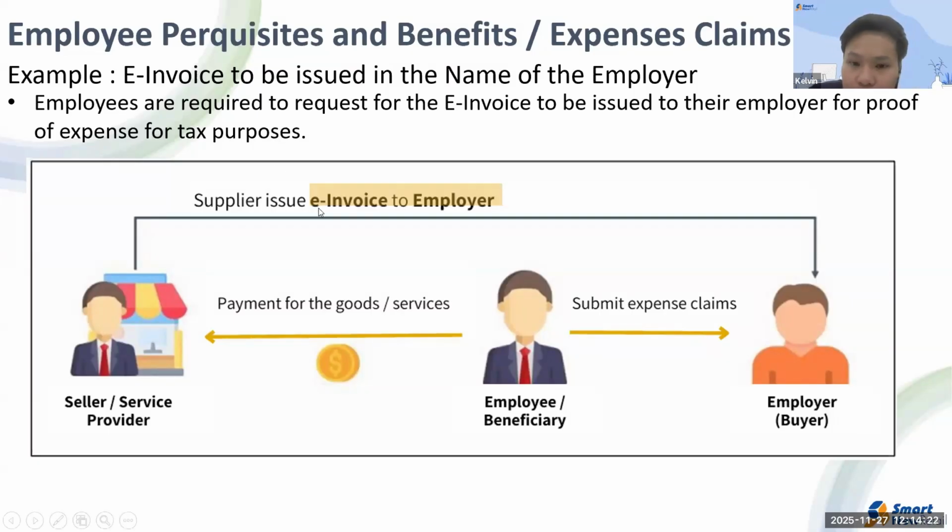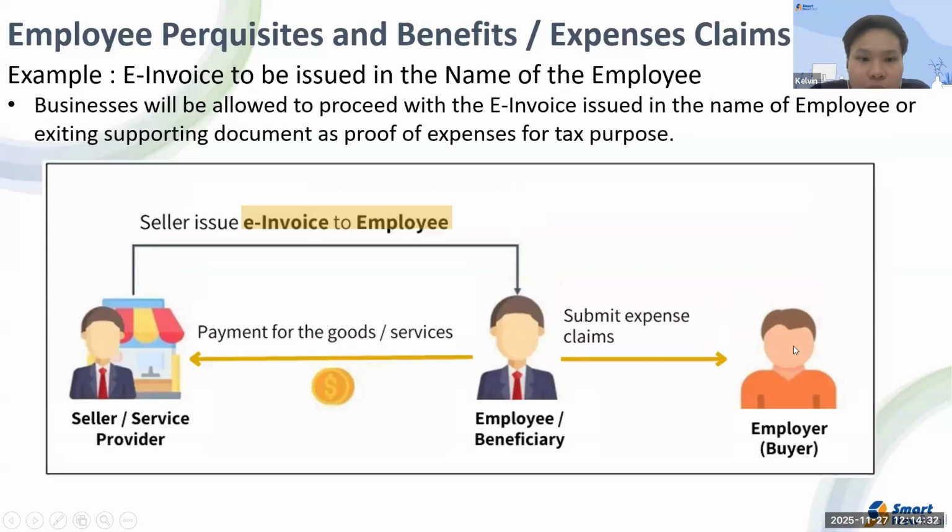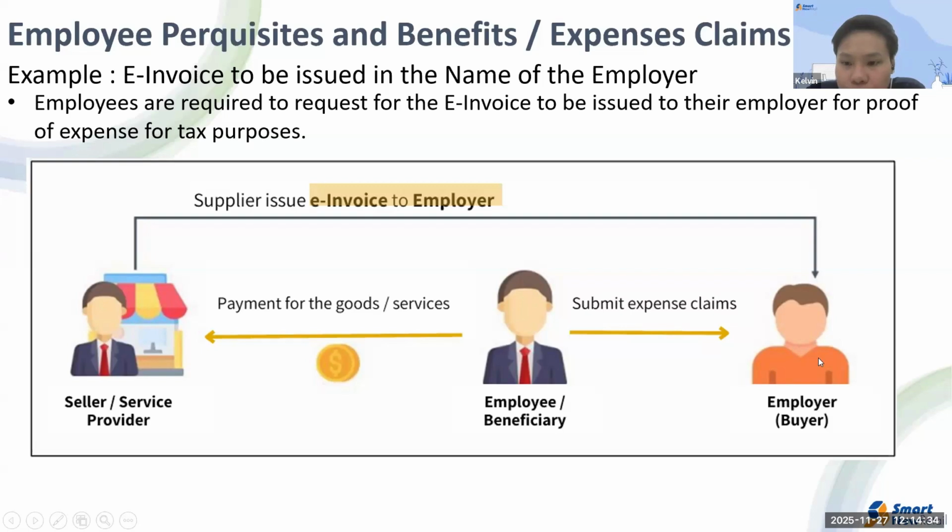submits their e-invoice under the company name, which means that the petrol station issues the invoice in the employer's name, then the employer needs to have the document to support this employee. So if the service provider, the petrol station, issues it in the employer's name, then you don't need to worry about it.